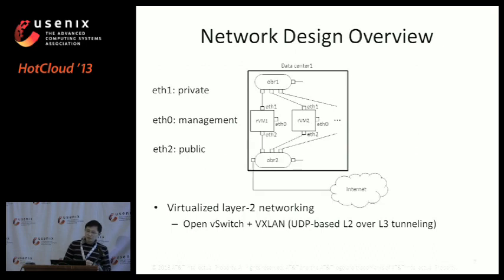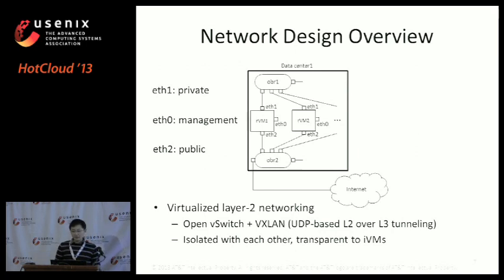In addition, we create a second virtualized layer 2 network, ETH2, which provides public internet access for IVMs. We note that these three sets of networks are isolated from each other, so things like eavesdropping are eliminated by design. And these three sets of networks are transparent to the IVMs running inside RVMs.